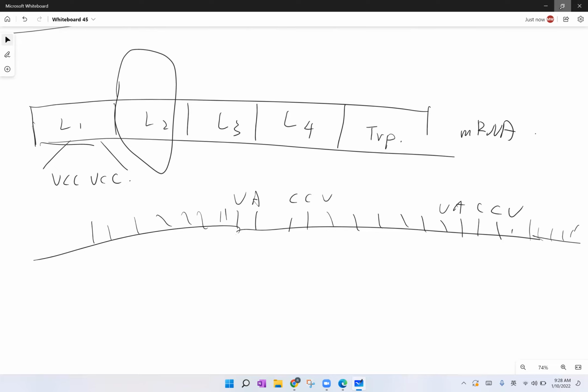And if we leave this mRNA in a cytosol long enough, what's going to happen? I should have written a complementary strand, not the same thing, okay? Let's just write it again. Let's say A, G, G, U, A, okay? They're complementary to each other.